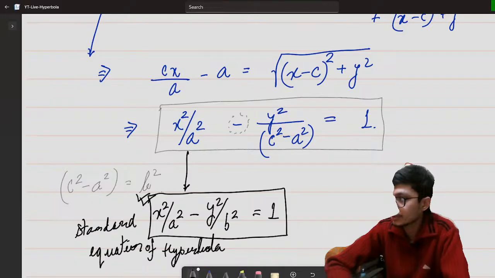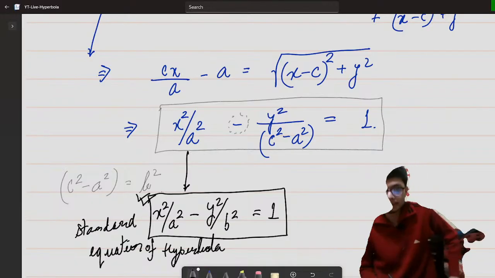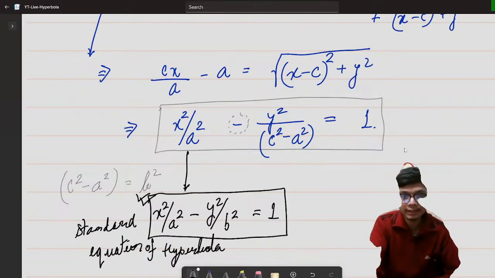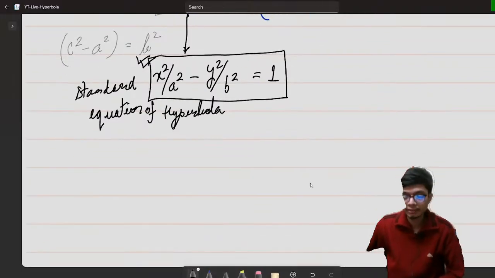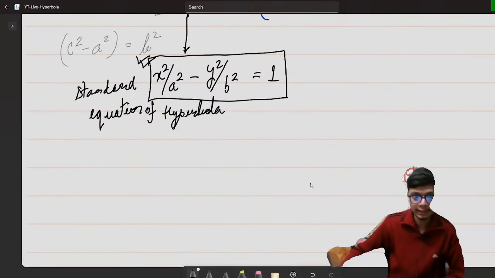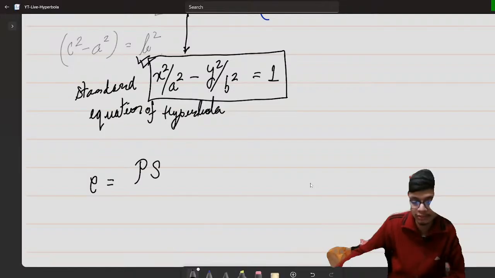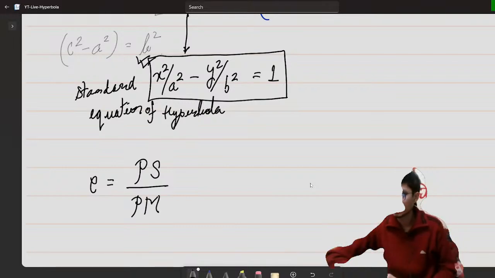Okay, so far so good, and now we can proceed to understand how, from this equation, we can derive the eccentricity, because eccentricity is a very important factor. Eccentricity in conics is defined as the distance of the point from the focus, defined as s, divided by the perpendicular distance of that point from the directrix, right?